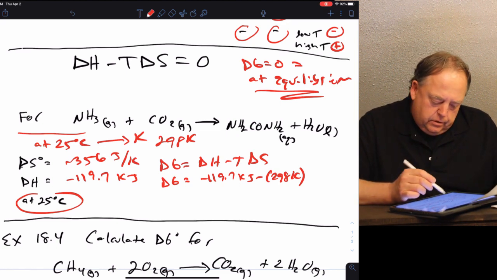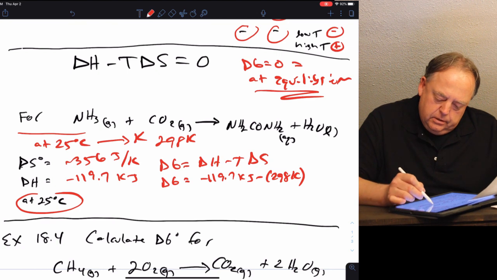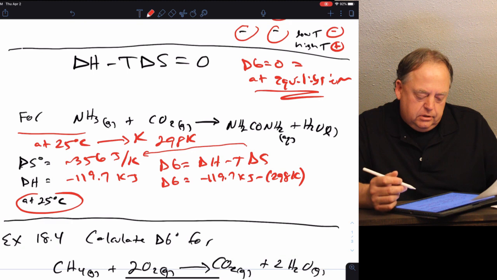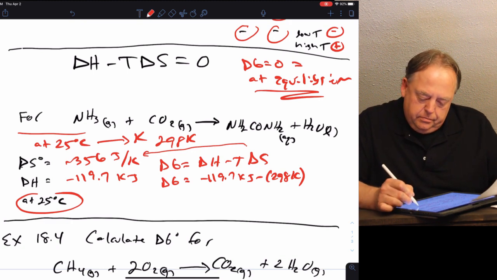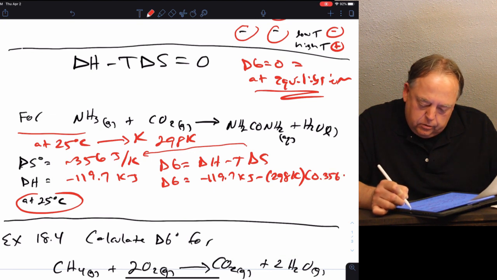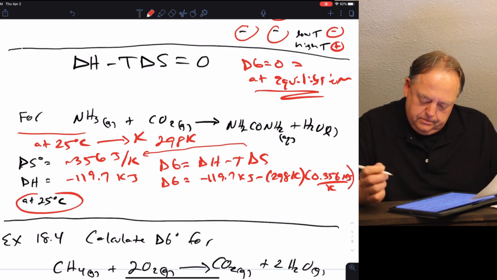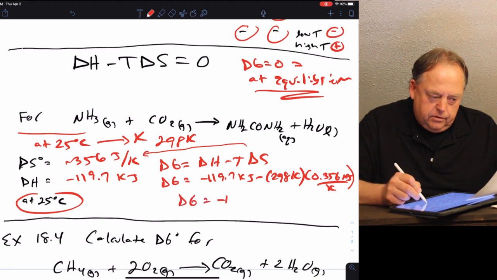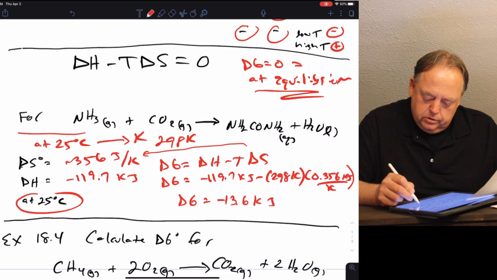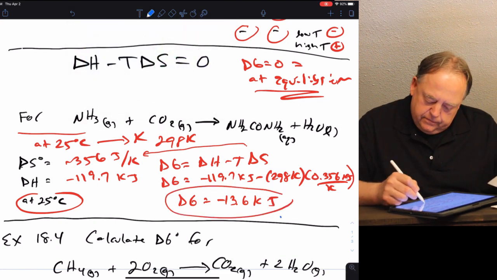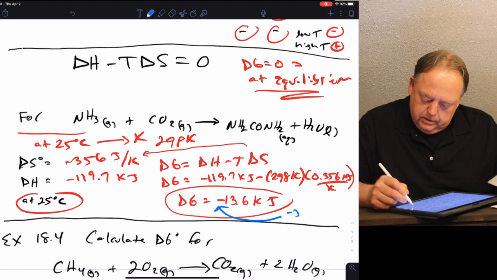Delta S is in joules per Kelvin, and we need to convert that to kilojoules since enthalpy is in kilojoules, so that would be 0.356 kilojoules per Kelvin. If you multiply that out, delta G is equal to negative 13.6 kilojoules. So it's negative, so it's spontaneous.